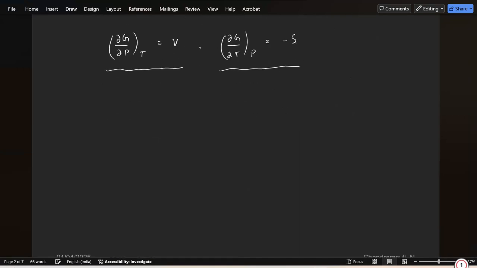Now the next thing is something called Maxwell relations. Again, those are useful. So I'll write all the Maxwell relations. You go through the lecture when you have time. Basically, these are relations that you get from these fundamental equations. Okay, and there are four of them. These are the four Maxwell relations. I'll just write them down. From each one of these four fundamental equations, you get these Maxwell relations.